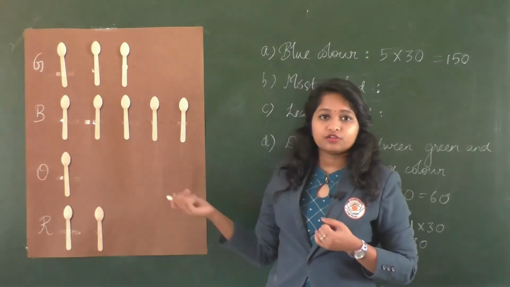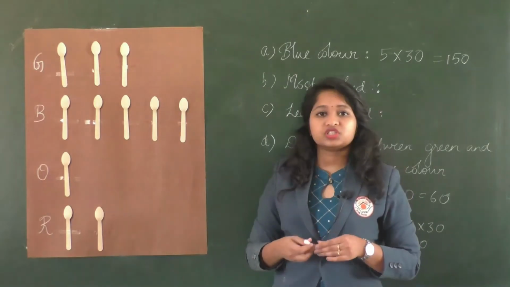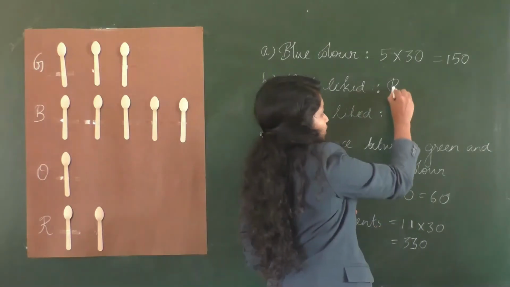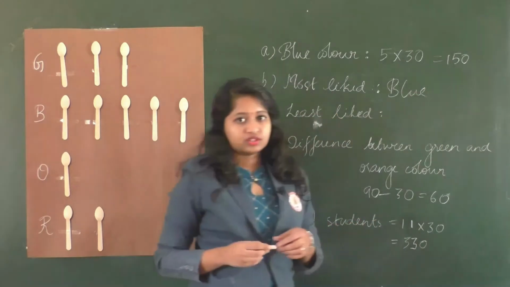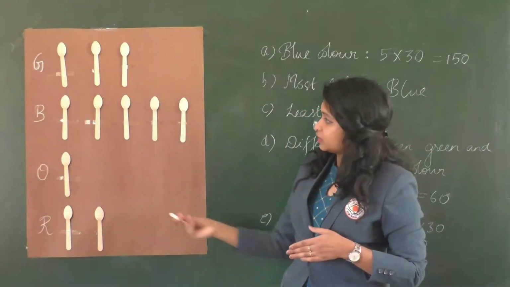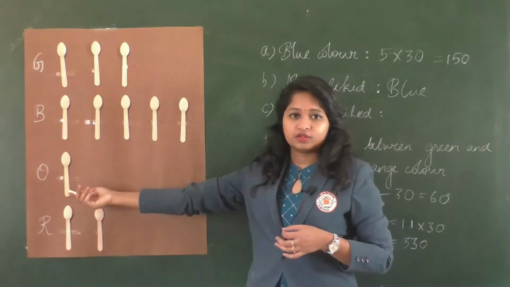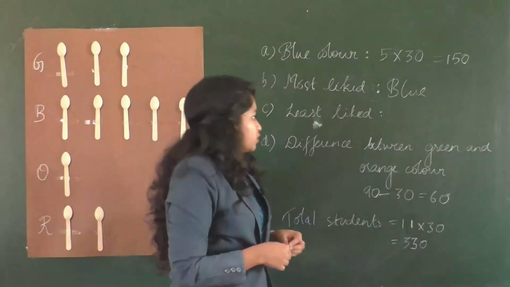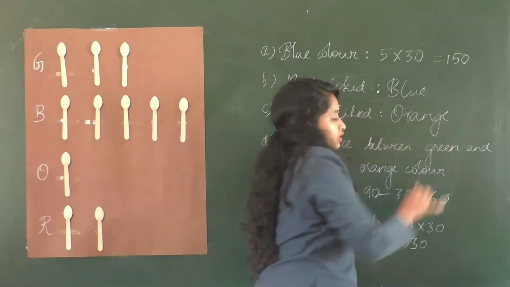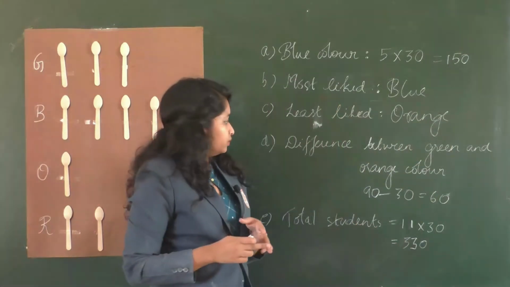From this pictograph you can easily find which color is most. It is blue. So blue color is the most liked color. And which one is the least liked? Here orange is having only 1, that means only 30 students like orange. So this is the least liked color.